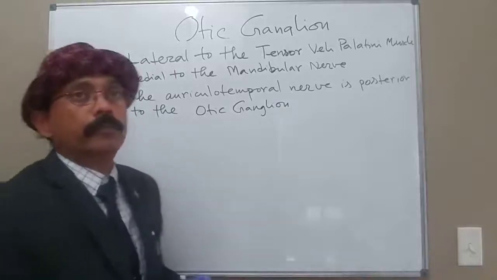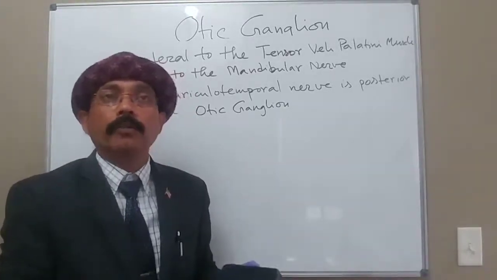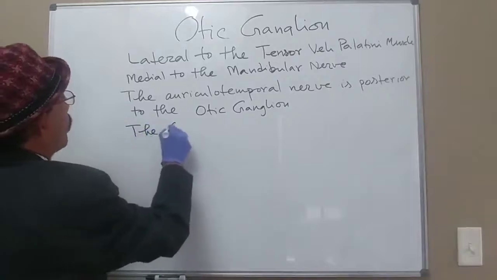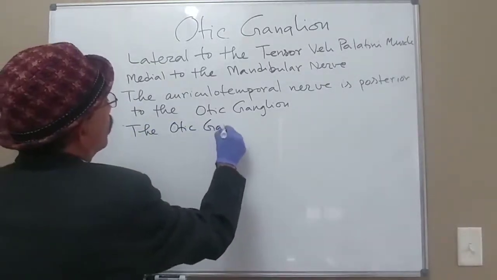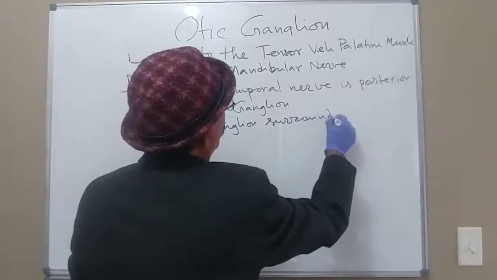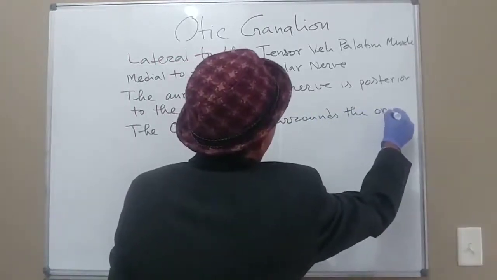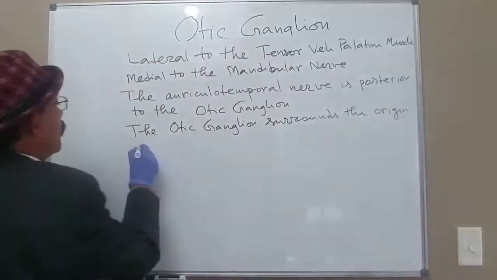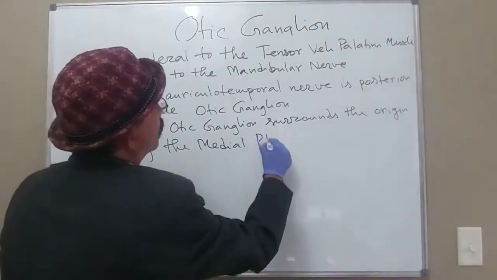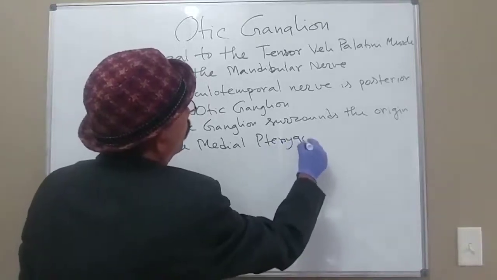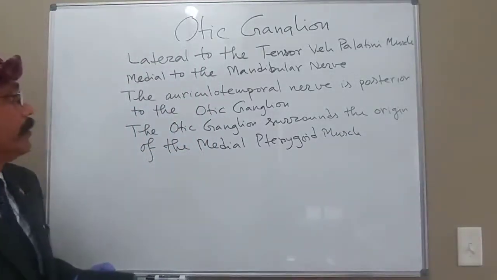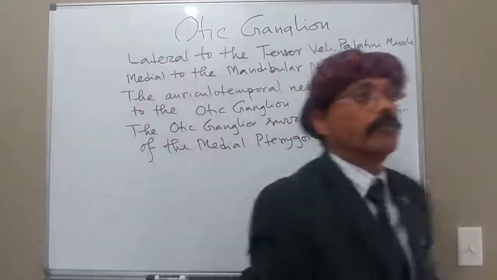Okay, and the otic ganglion surrounds the origin of the medial pterygoid muscle. We got that.